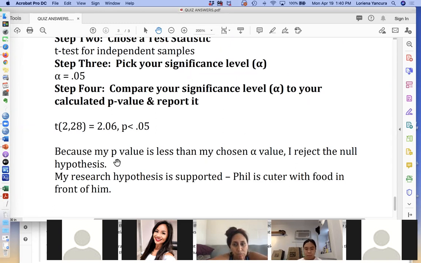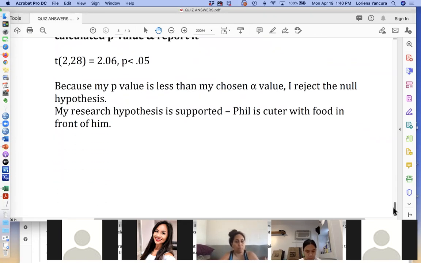Because the p-value from the printout is less than my chosen alpha value, I reject the null hypothesis. Remember, the null hypothesis and the research hypothesis are the opposite of each other. I reject the null, my research hypothesis is supported, and Phil is cuter with food in front of him.